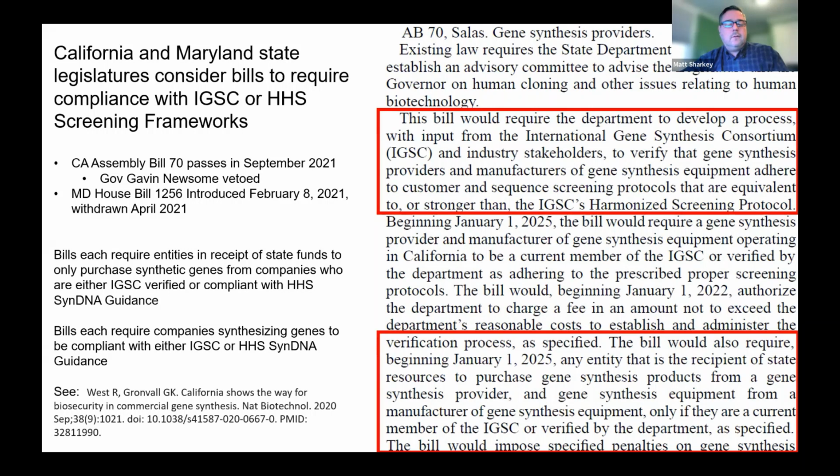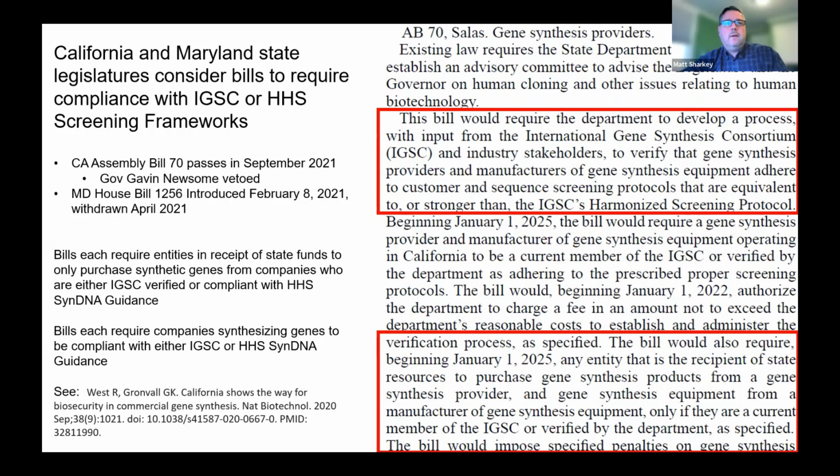As an employee of the federal government, I have absolutely no position on whether Maryland or California should adopt such regulations. But I will mention, because I think it's relevant to the group, that this has been investigated by states. There's a great overview of this from West and Gronvall, published in 2020, talking about the bill in California.